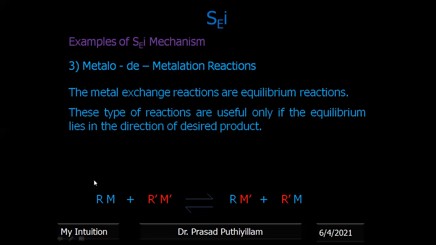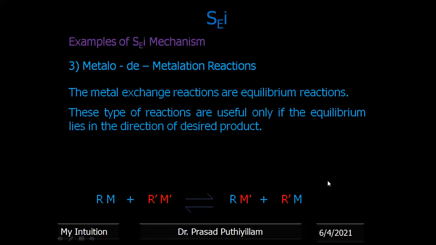That means the right-hand side of the reaction should be the desired product. The reaction itself forms a stable product. A product will always be formed if it has better stability than the substrate as well as the reagent.